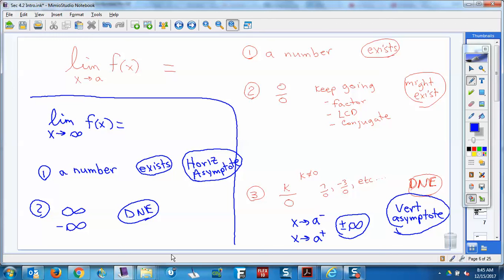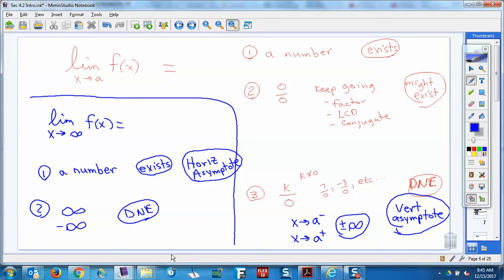The other new thing is, instead of the limit as x approaches 2 or 3 or 1, what happens when x approaches infinity? Those are horizontal asymptotes. If x approaches infinity or negative infinity, you're either going to get a number, so it's coming down and approaching 2 way out here, or it's just going to go up forever or down forever, and you get does not exist.